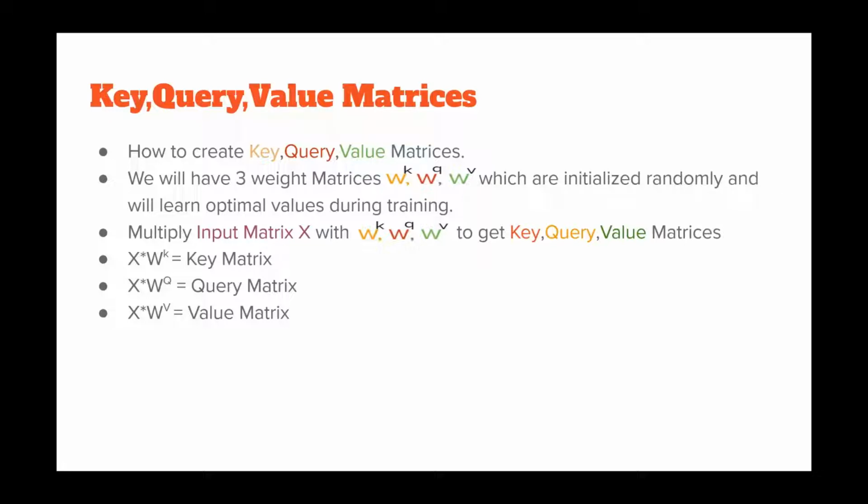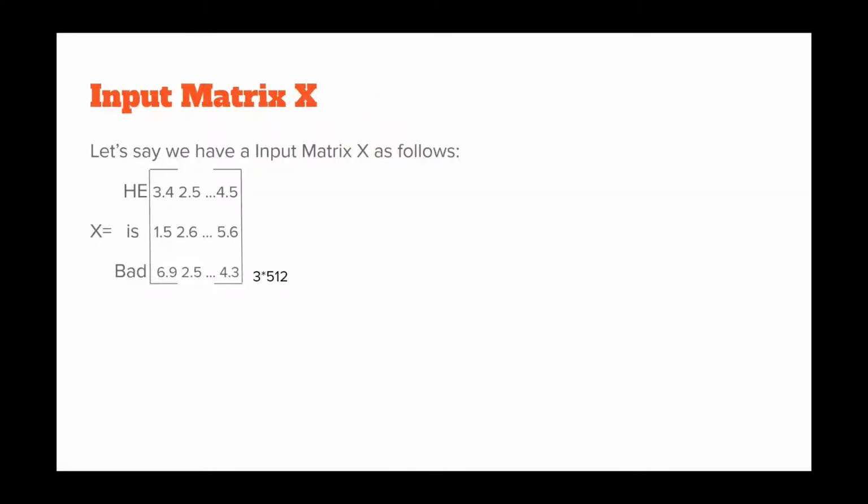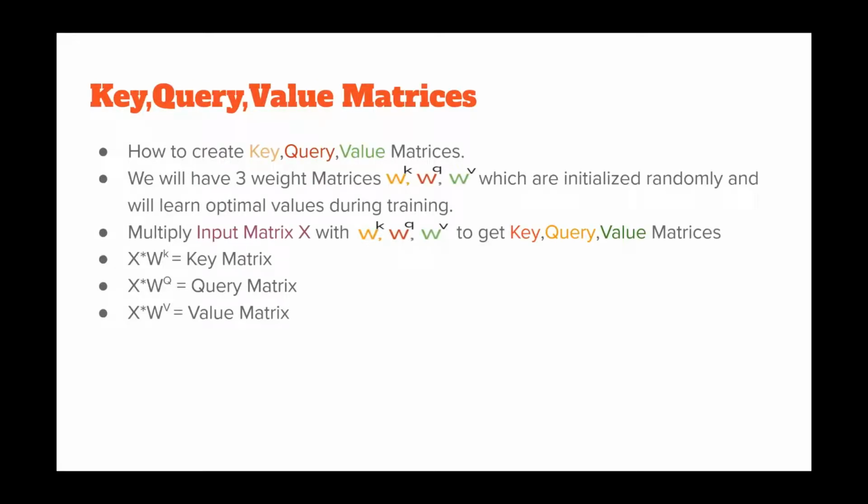First, we multiply the input matrix X, which is also initialized with some random values here, with WK, WQ, and WV to get the key, query, and value matrices. We multiply the input matrix X with WK to get the key matrix. Now we multiply the input matrix X with WQ to get the Q matrix.